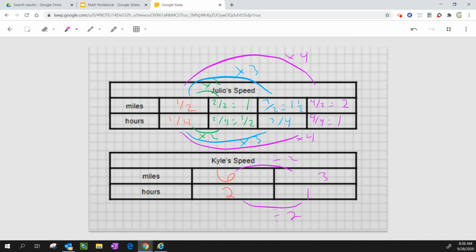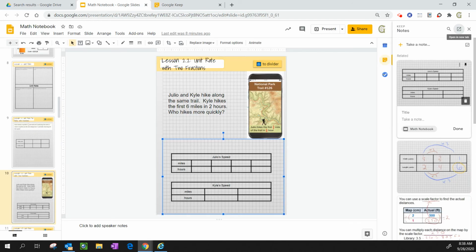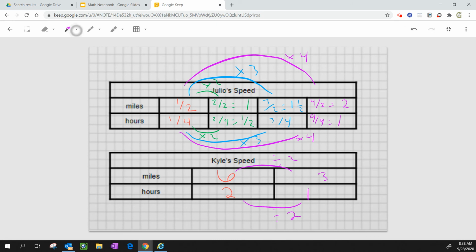So the question here, if I go back, was who hikes more quickly? So if I look at that here, I want to think about which one is going faster. If I think about that, am I going faster if I can do more miles in an hour or less miles in an hour?